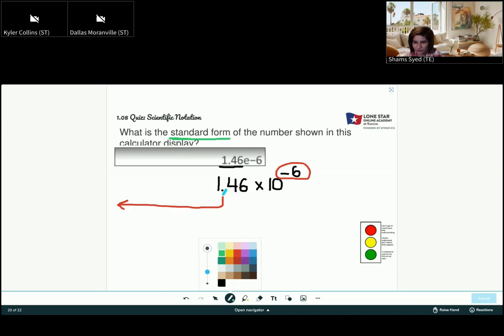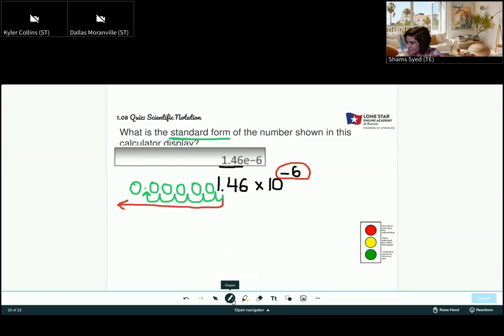So the decimal moves 1 place, 2, 3, 4, 5, and 6, 0, point, and we just add some zeros. And I'm going to rewrite it so you are very clear about how the number should look. Very good, Violet, Vida. So it's going to be 0 point. There's going to be 5 zeros, right? Exponent is 6, so there's going to be 5 zeros.